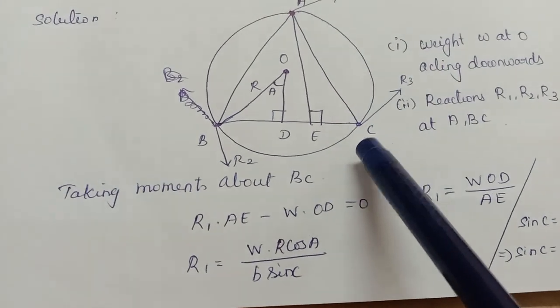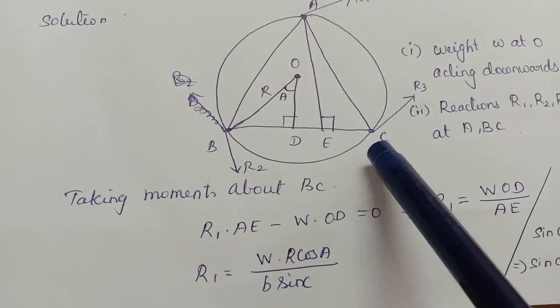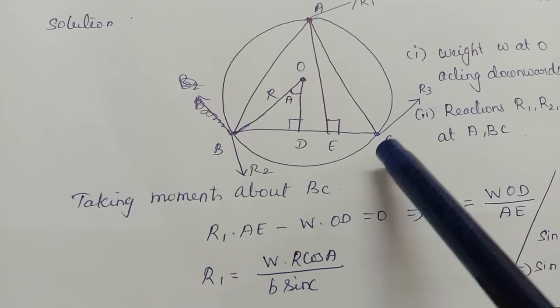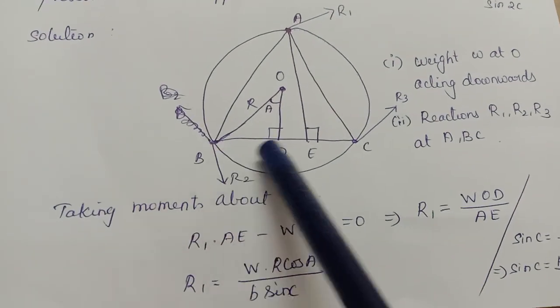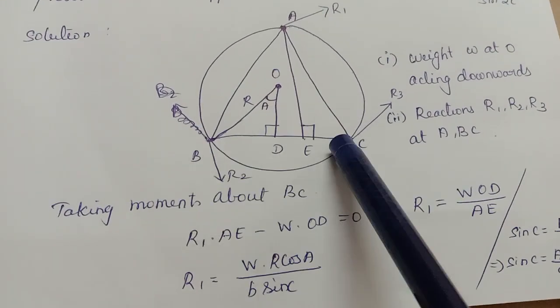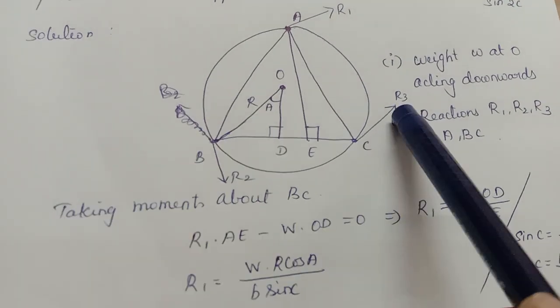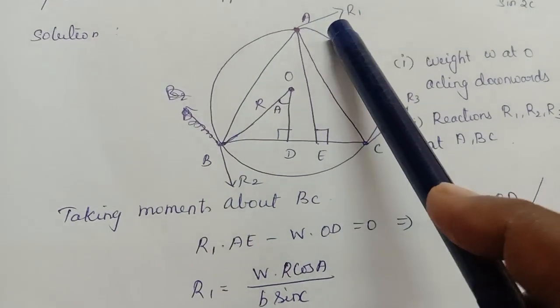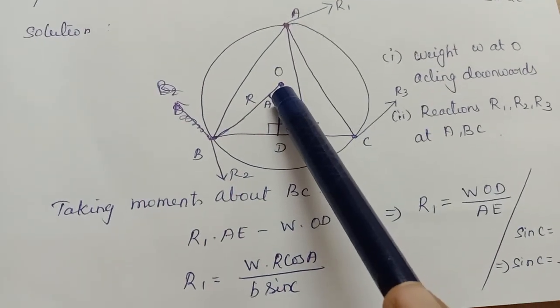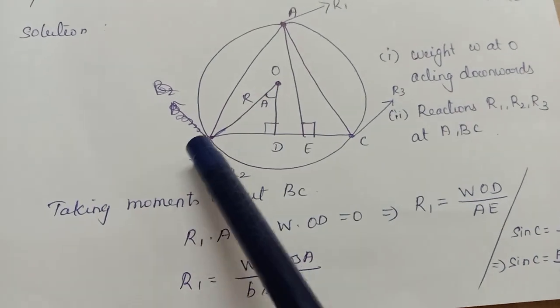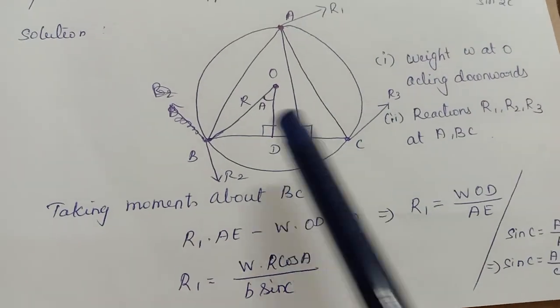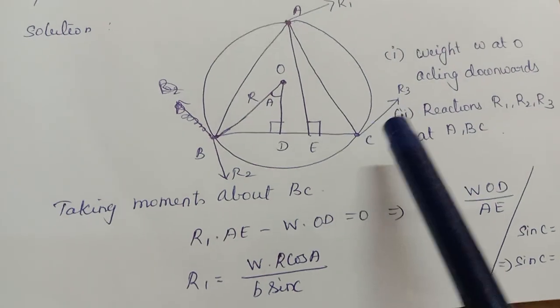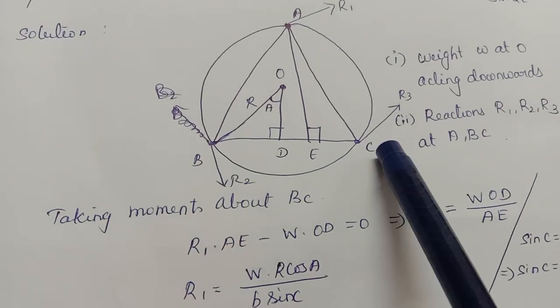Our aim is to make as many terms zero as possible. So if I take moment about the line BC, then the moments of R2 and R3 both will become zero. Only R1 and the weight W alone I will be getting. So for that convenience only I am considering moment about this line, but the concept is the same. So this is BC, no?